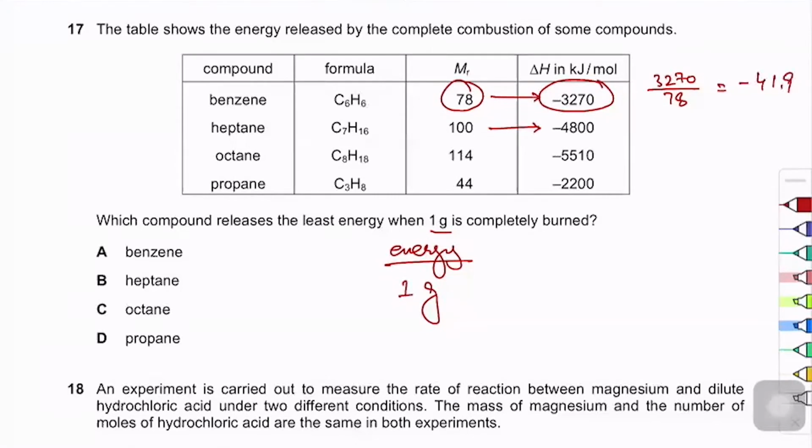They're all negative. Second one is 48. Third one is 48.3. Fourth one is 50. Which one gives the least energy?